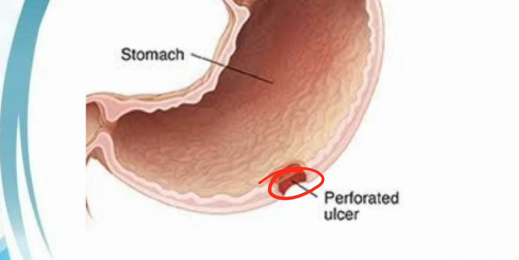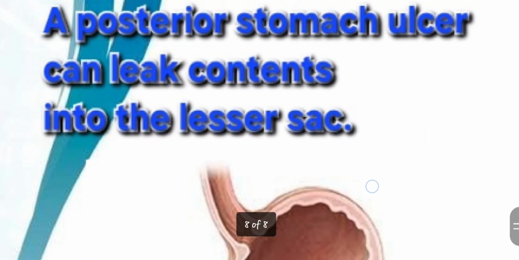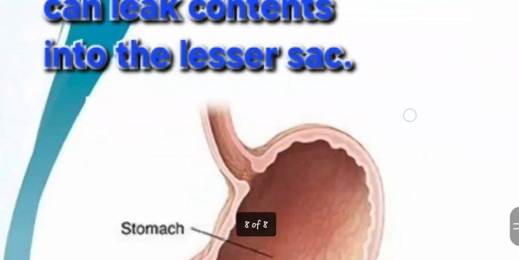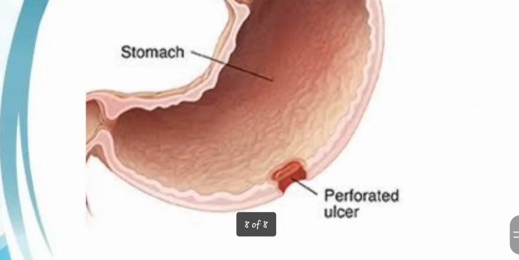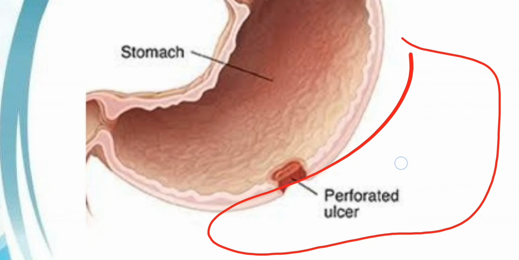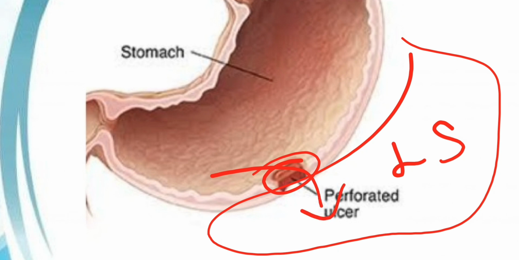During this, as you know, the lesser sac is present just behind the stomach. When the perforation takes place, the acidic content may enter the lesser sac and affect it.